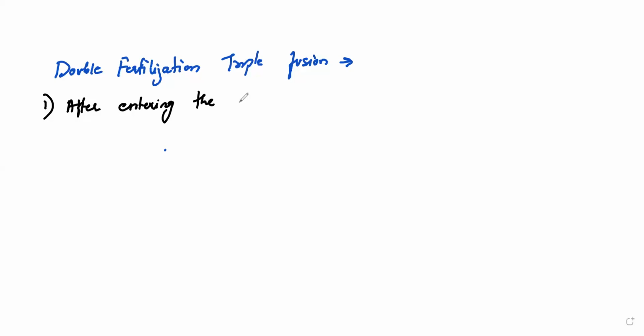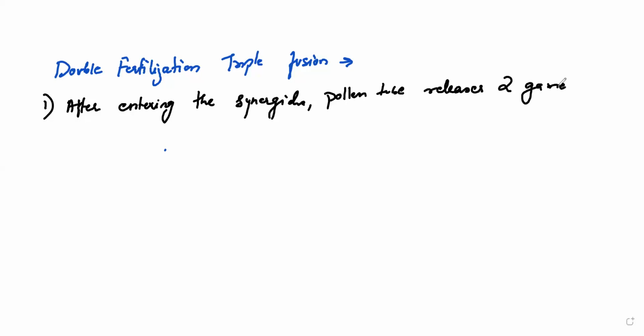After entering the synergids, the pollen tube will release two gametes, that is, the two male gametes, into the cytoplasm of that particular synergid. Now there are two gametes, right? So both the gametes should fuse differently.